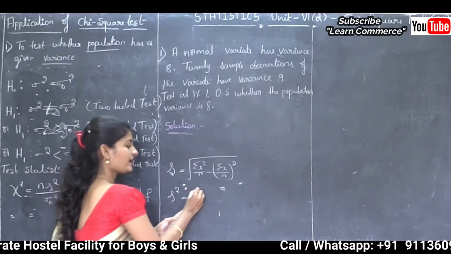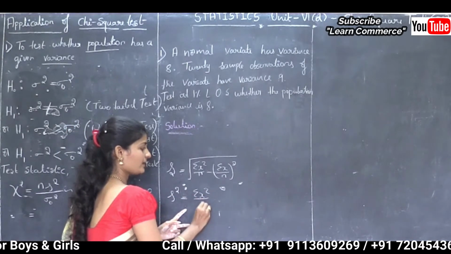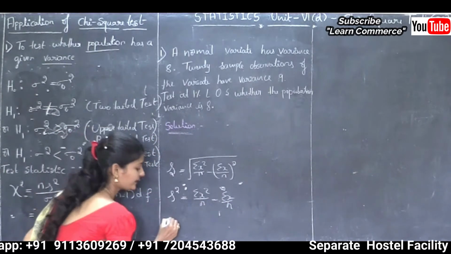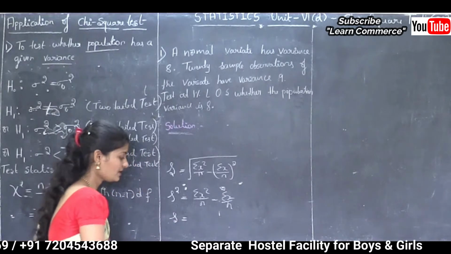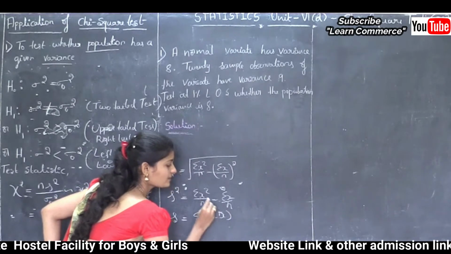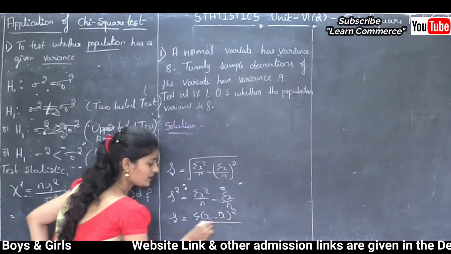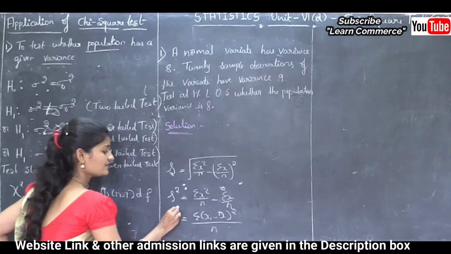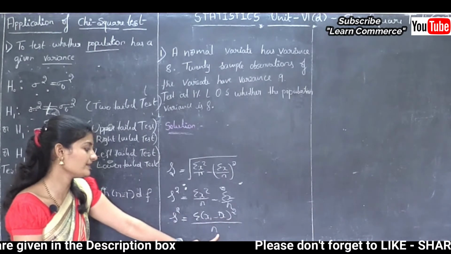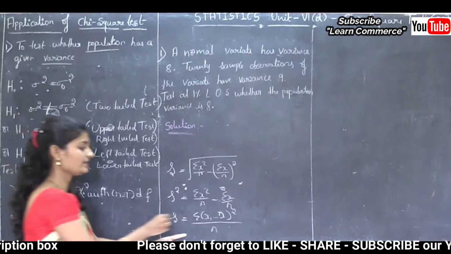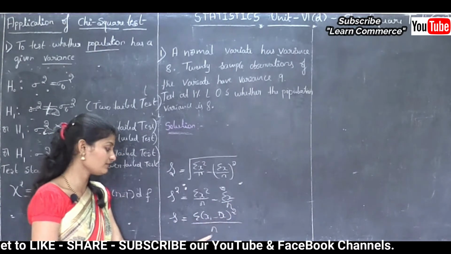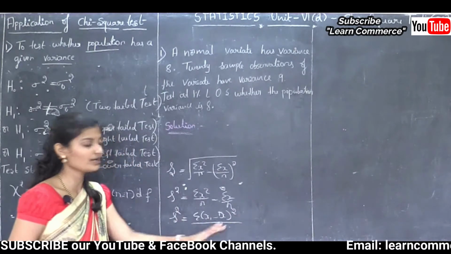If it is square, we can write summation x square divided by n minus summation x divided by n whole square, or as we discussed in first PUC, s square is equal to summation xi minus x bar whole square divided by n. So s is the square root of summation xi minus x bar whole square divided by n. The formula is like this.